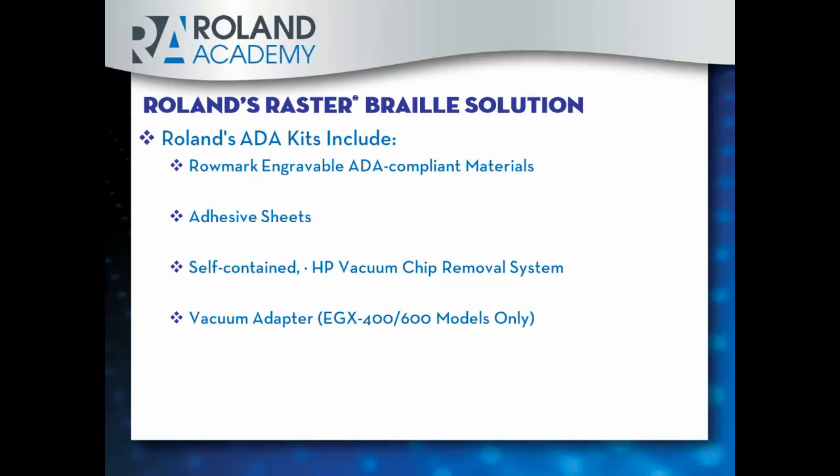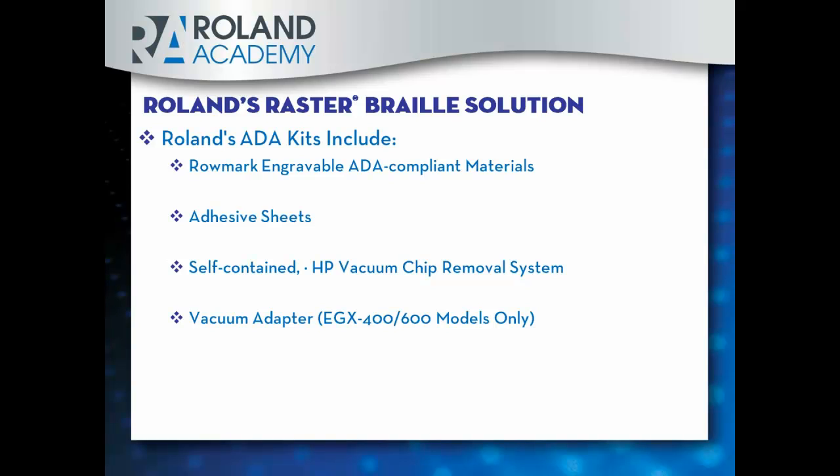We also include a starter kit of ADA compliant substrates from Romark. The customer gets a couple of sheets of 8x8, 6x6s, some 4x4s as far as substrate, and the tactile material, or some people call it an applique, that goes on top for the raised text and the pictogram.